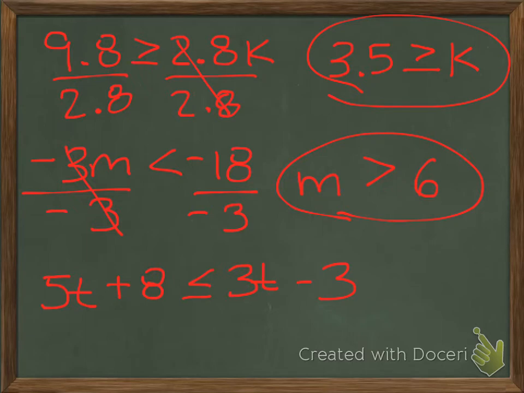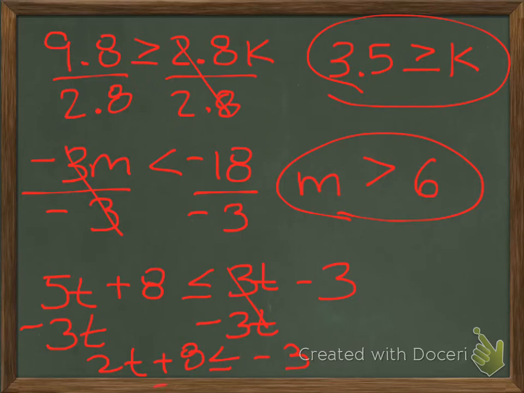Then the next one, we need to combine like terms first, so this is more than one step. I would put the t's together, bring the 3t over to be with the 5t, subtract it because it's positive. I get 2t plus 8 is less than or equal to negative 3.